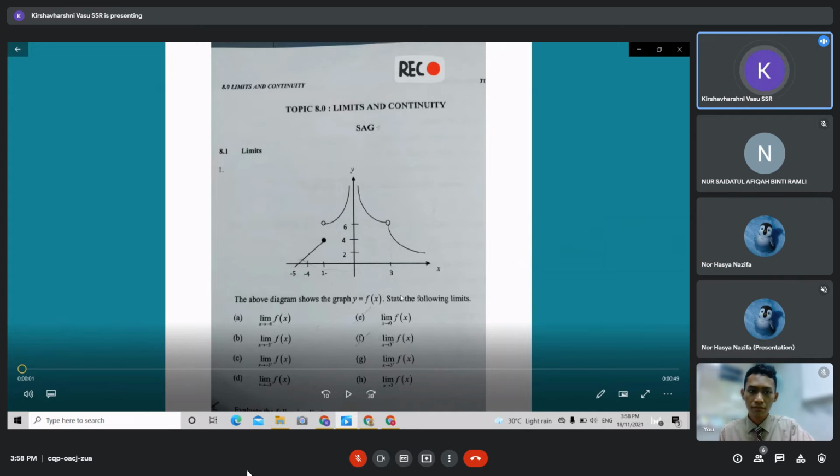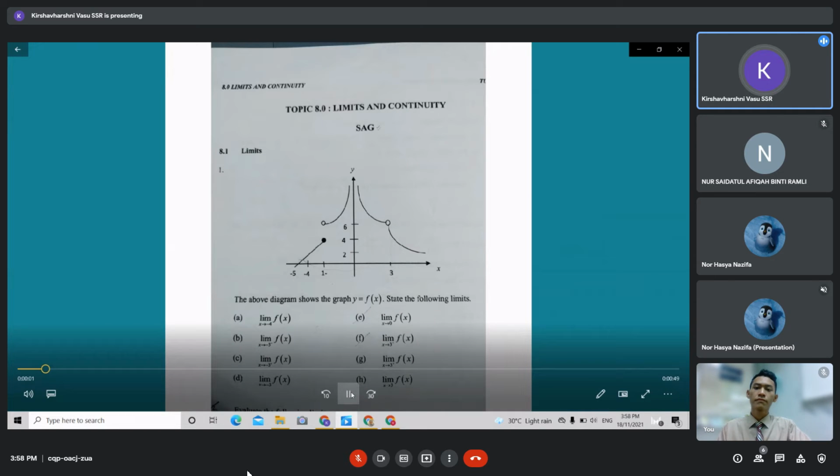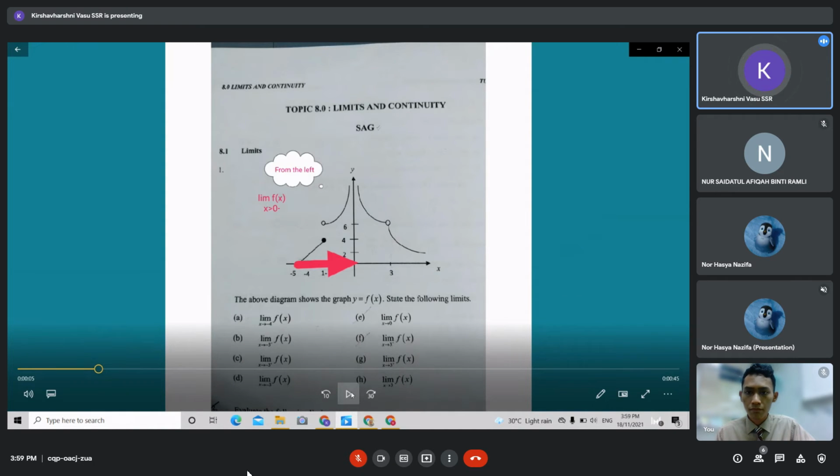In question E, it states the following limits for limit of f(x) where x approaching 0. In order to give the limit for f(x) at 0, I need to know the limits from the left and right. If you look at my presentation, I have added a condition where x approaches 0 negative.